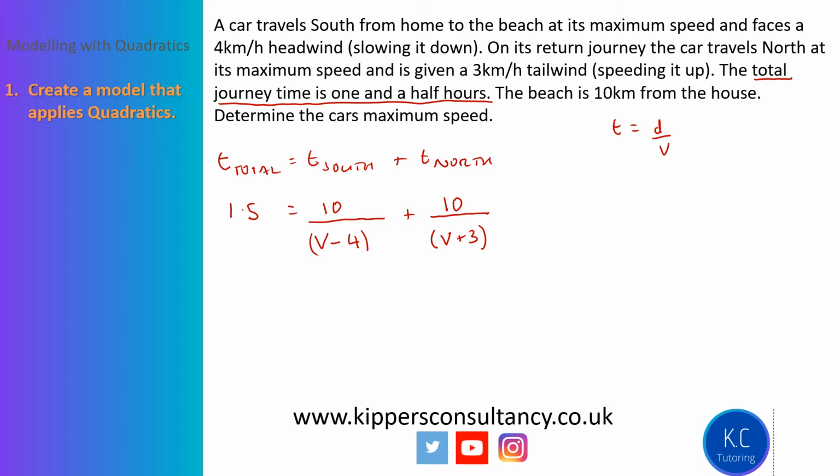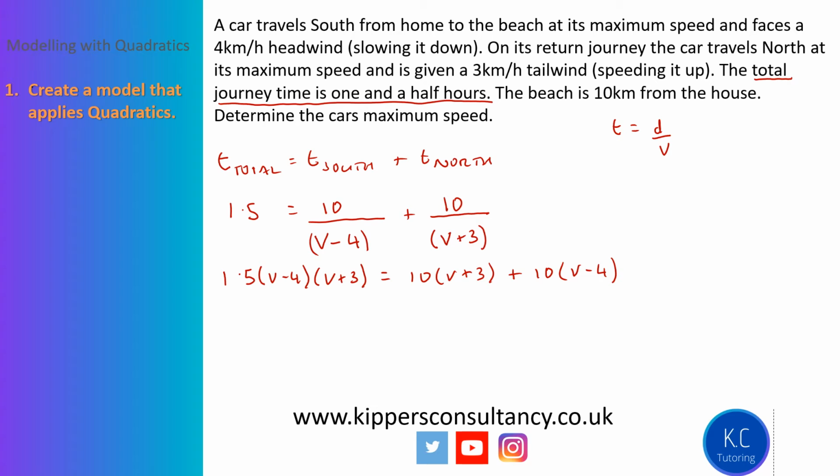Now, to solve this, the first thing we should do is get rid of the denominators, the lower bits of our fractions. To do this, we multiply through the equation by v minus 4 and v plus 3. This gives us 10(v plus 3) plus 10(v minus 4).